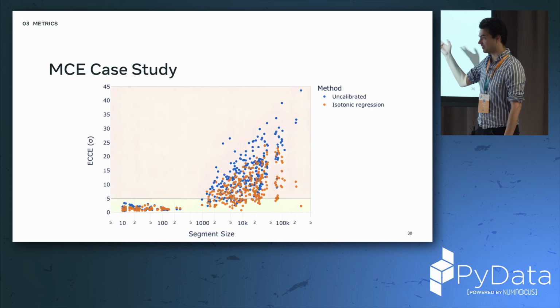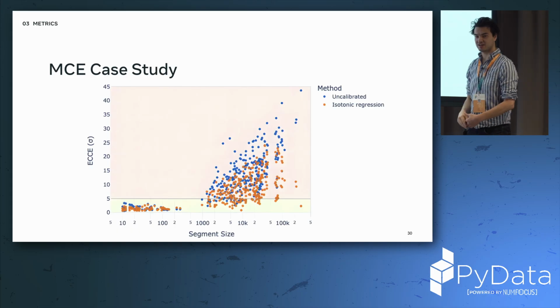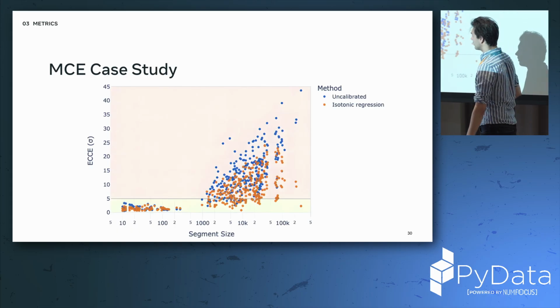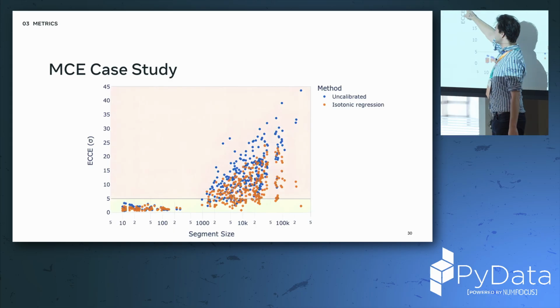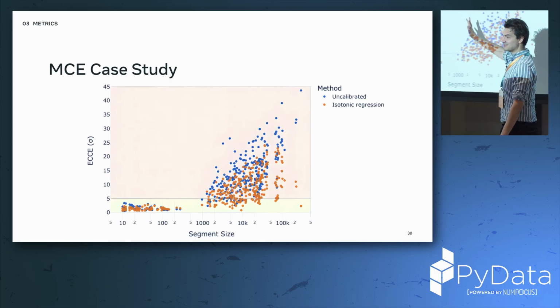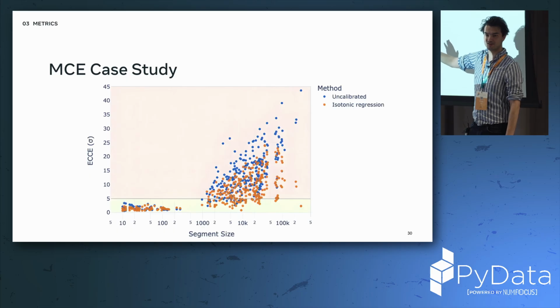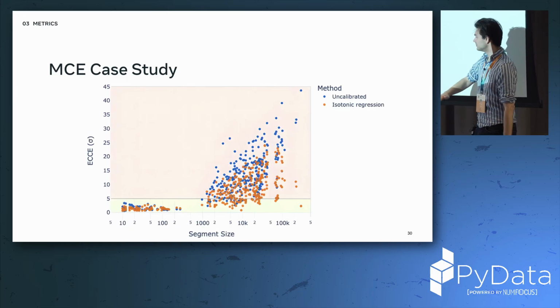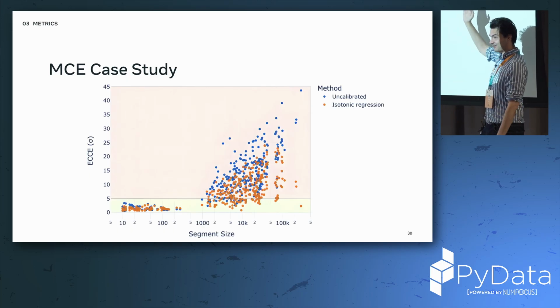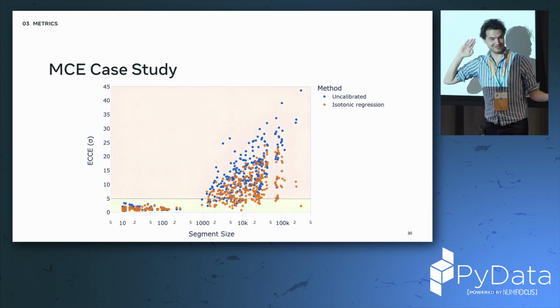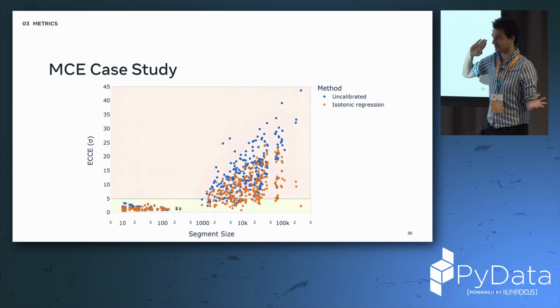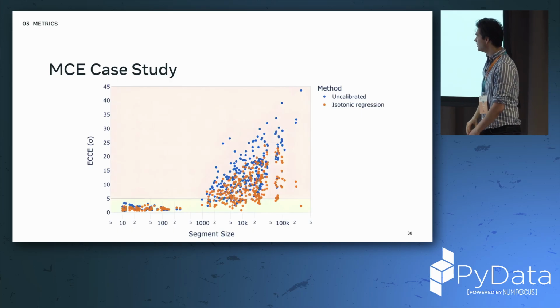That second one you can express either in a p-value or in sigmas, which is basically the number of standard deviations from being perfectly calibrated. If this is high, you have a lot of evidence that this group is miscalibrated. If it's low, then you don't.